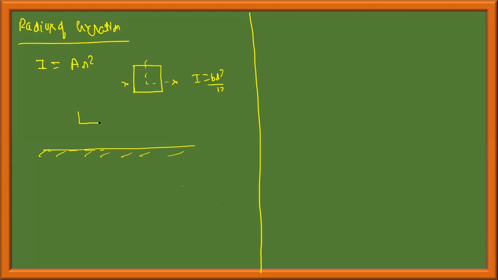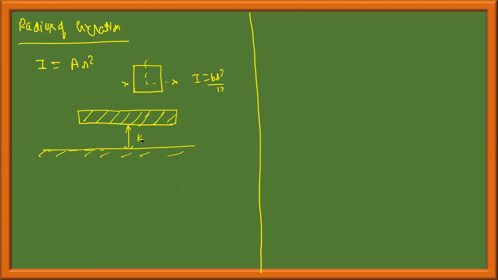Okay. Now, I will assume for radius of gyration an area which is squeezed. This area, which is equal to L into B into D or whatever, is squeezed and kept at a distance k.